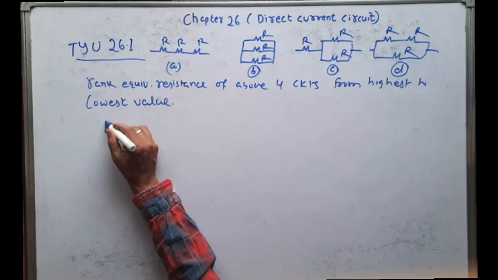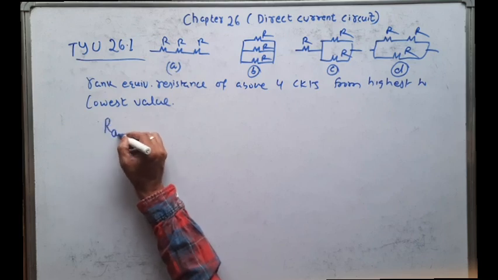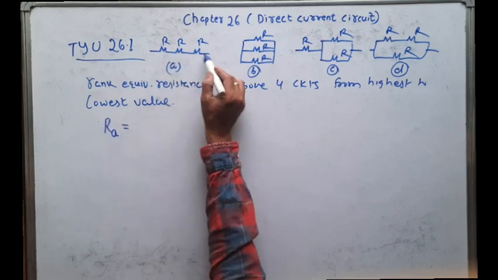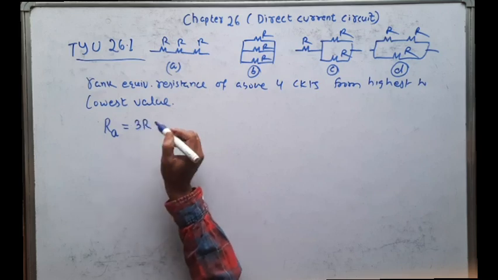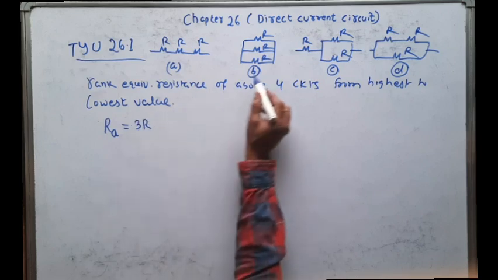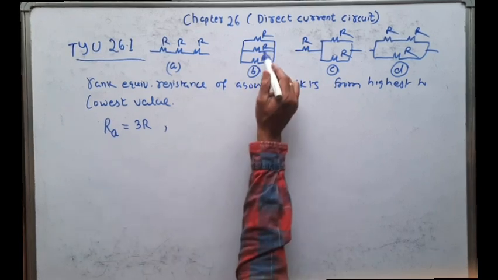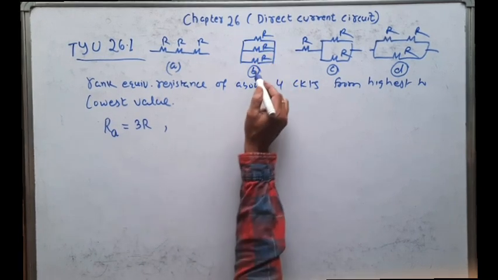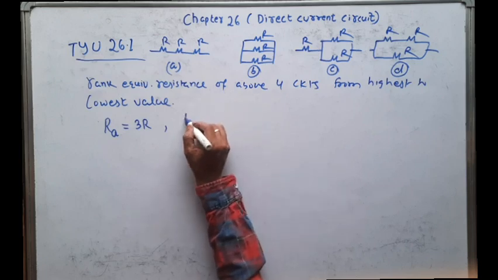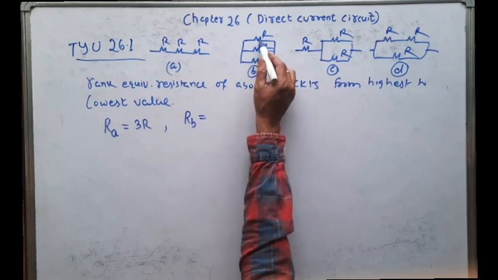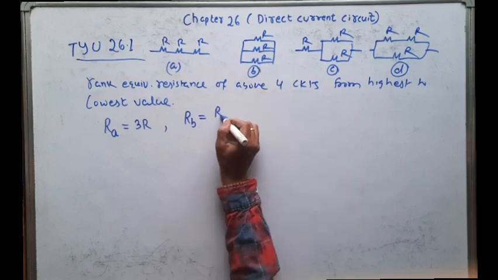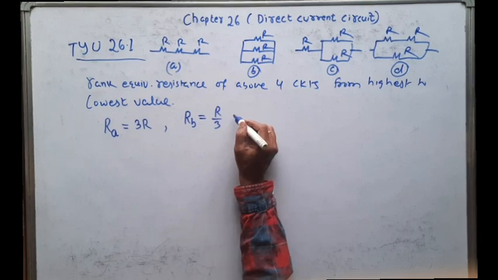In the first figure, all the resistors are connected in series. So R plus R plus R, that is 3R. Then come to the parallel connection in case of circuit B. The equivalent resistance in circuit B, since all are identical resistances, there are 3 resistors, will be R by 3.